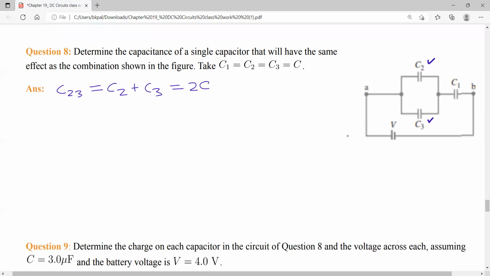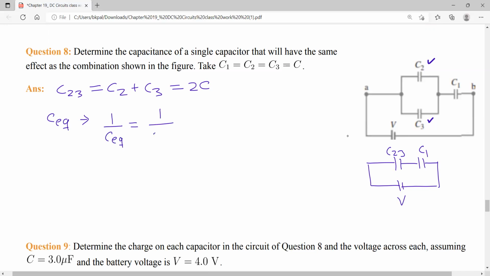Now the circuit is something like this. Here is C23, here is C1, and here is the voltage. C23 is connected in series with C1, so the equivalent capacitance will be something like this: 1 over 2C, which is C23, plus 1 over C1.